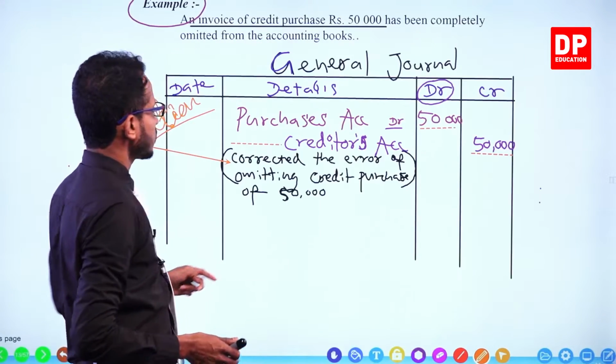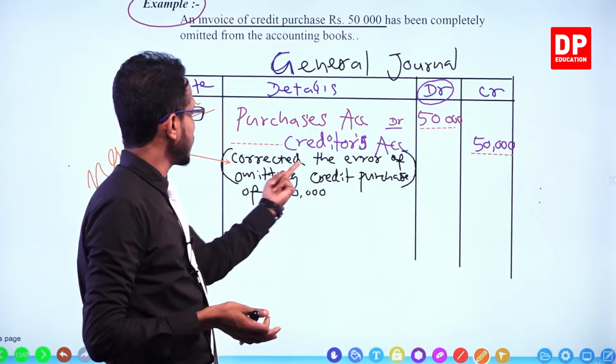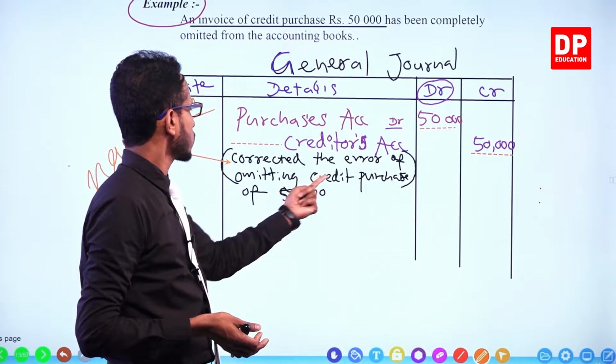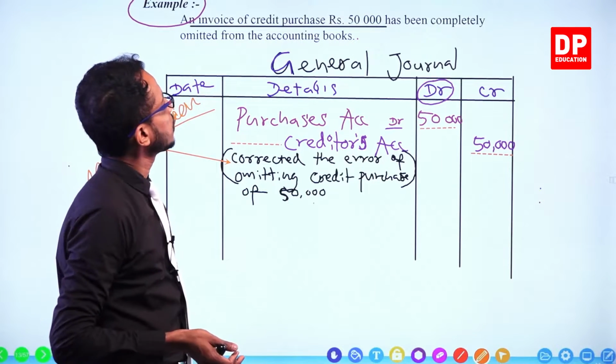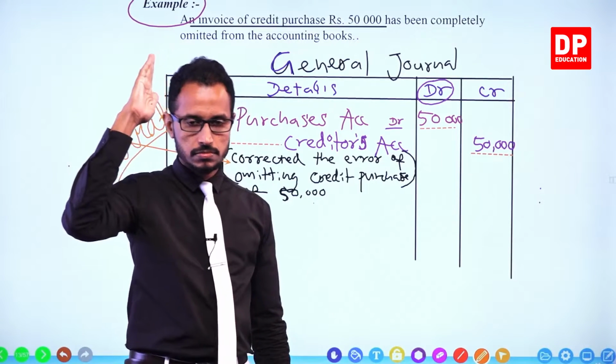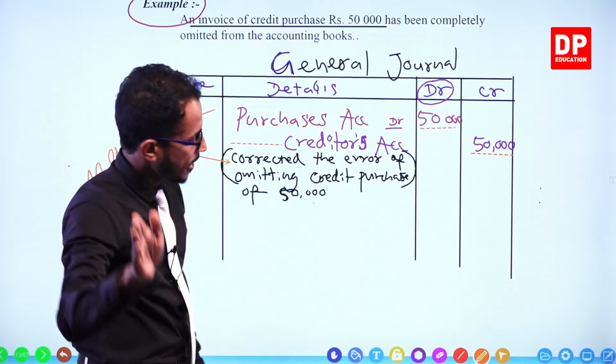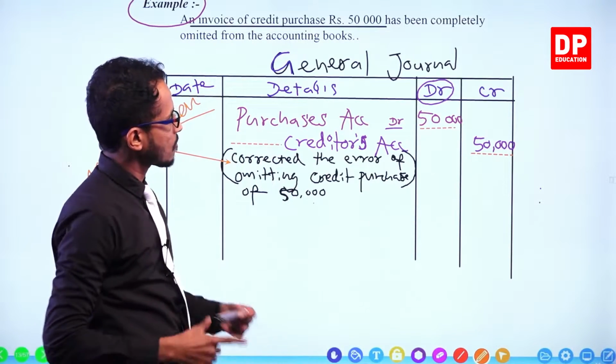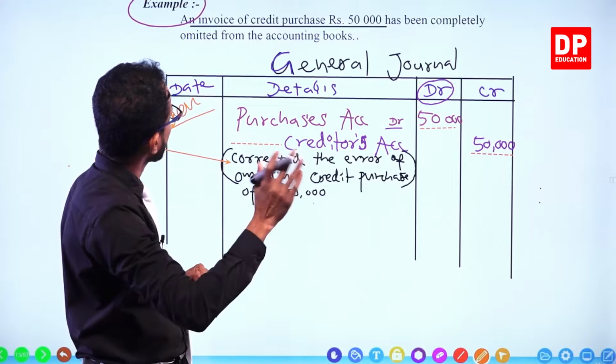I wrote the same thing in a slightly different manner. Correcting the error of omitting credit purchase of 50,000. Done. Okay, bye bye first error. It's done.